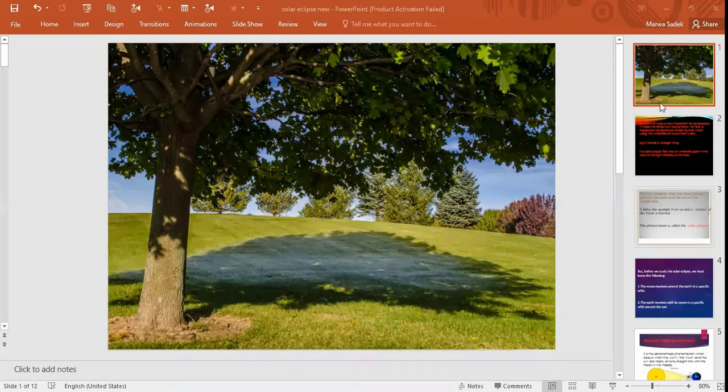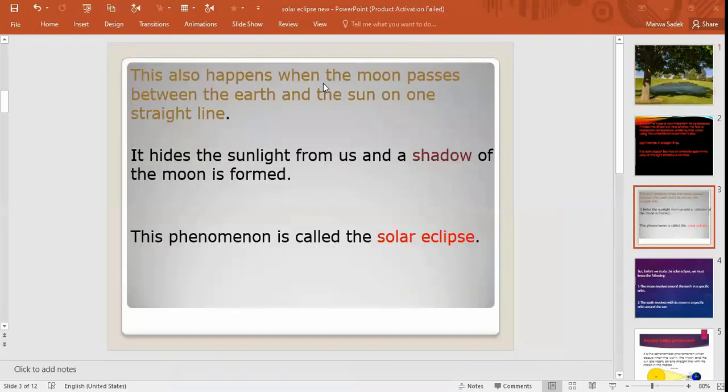This is what exactly happens between the earth, the moon, and the sun when they are on one straight line and the moon in the middle.